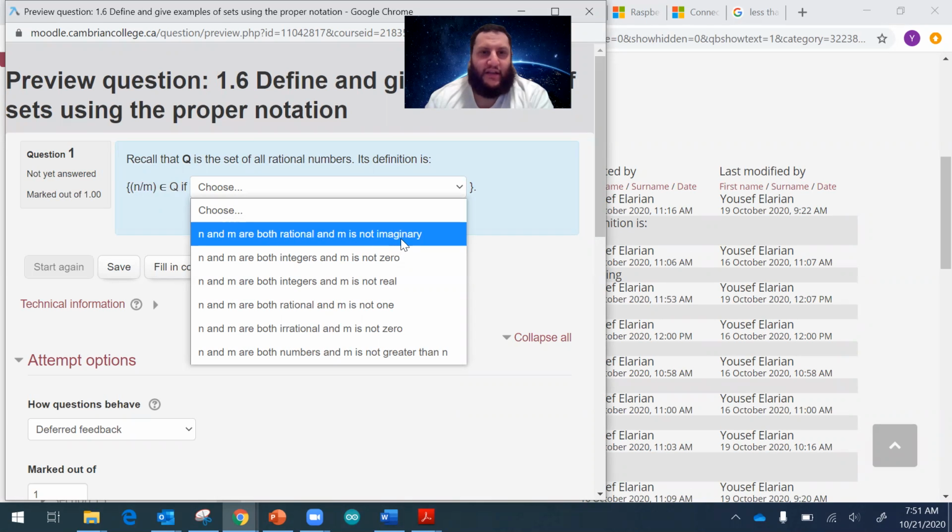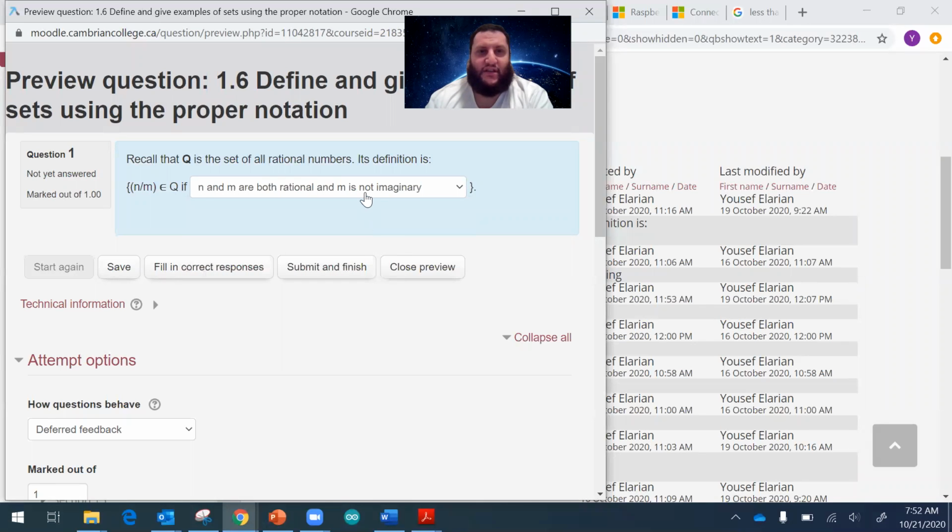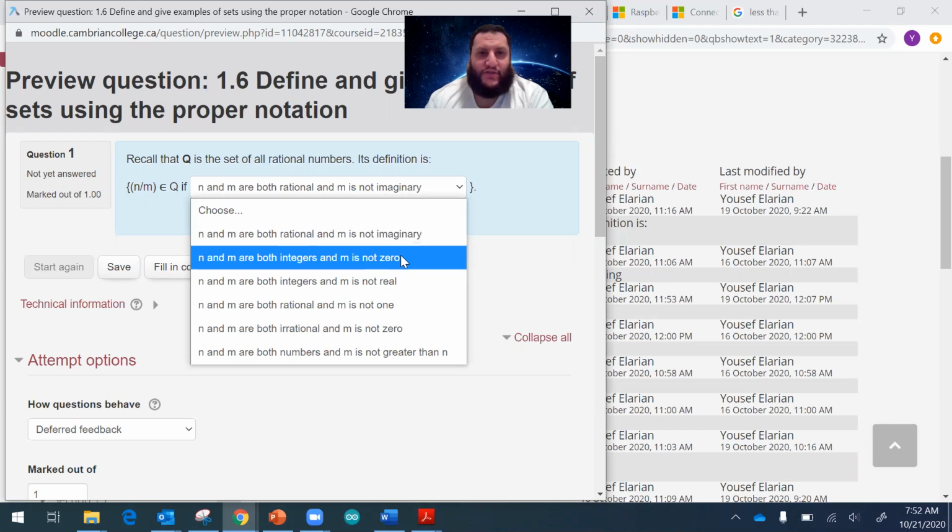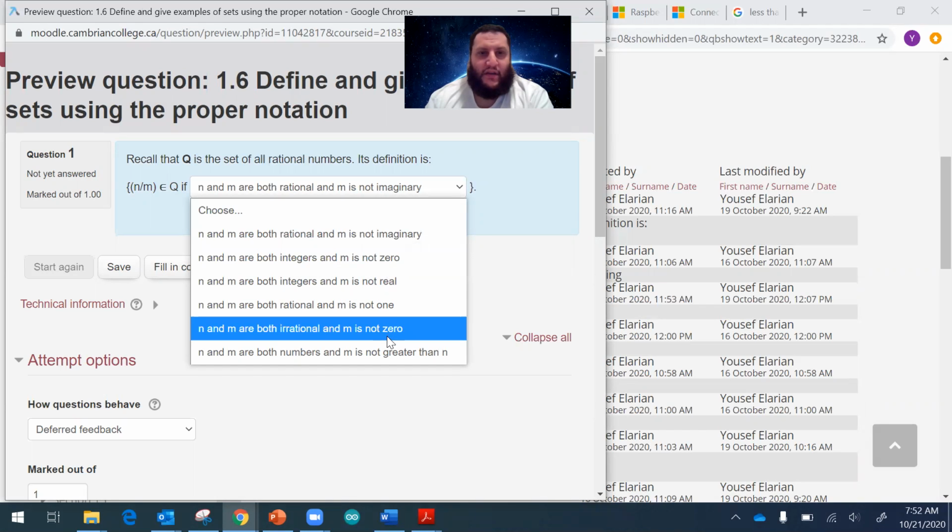This would not be correct except if M was just restricted to be not 0, because 0 is a real number, it's not imaginary, and we can still fall into this mistake. Actually, it's interesting that if N and M are both rational numbers, then yes, N over M would be rational, but M's condition here is to be not 0. So here we have not 0, here we have not 0.